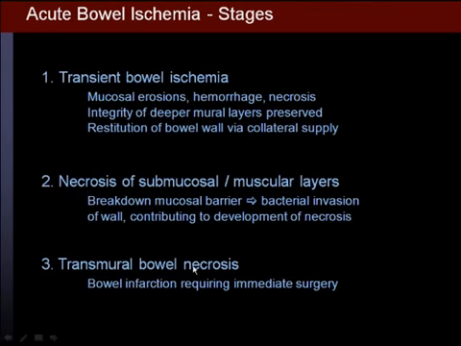But in the majority of cases, if the diagnosis is recognized, there is a restitution of the bowel wall, because we have some kind of hypoperfusion, and the first signs of hypoperfusion are mucosal erosions, hemorrhage, necrosis, but the integrity of the deeper mural layers is preserved, so only the mucosa is involved.